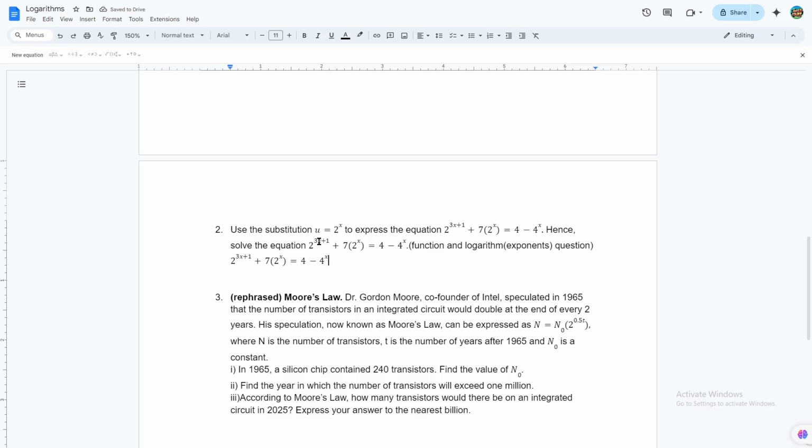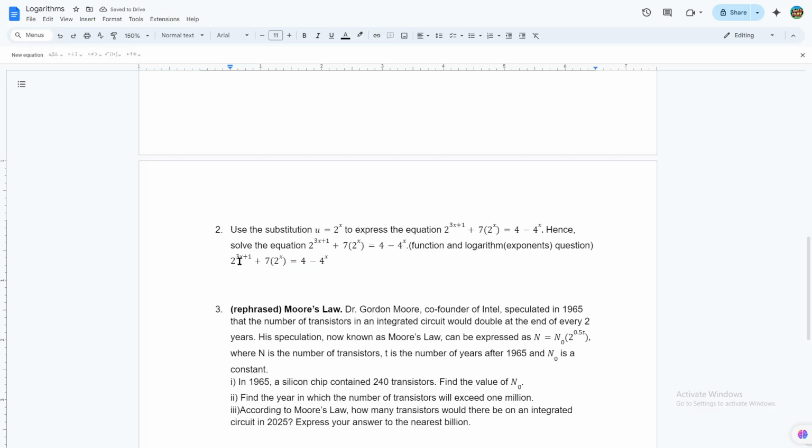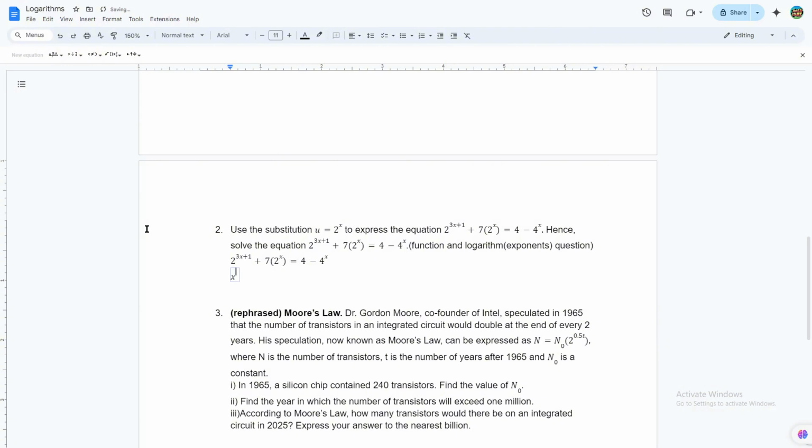This substitution is meant to help you solve this equation easier. So we must simplify this equation so that only 2 to the power of x is left. First step, we must simplify 2 to the power of 3x plus 1. So we've got 2 to the power of 3x times 2 to the power of 1, which is just 2, plus 7 times 2 to the power of x.